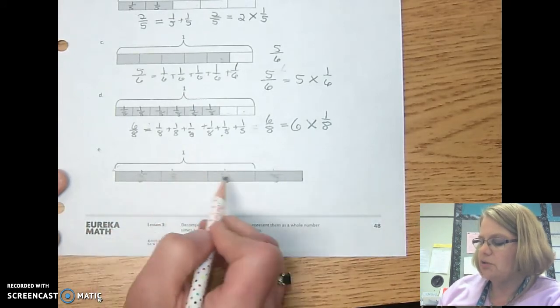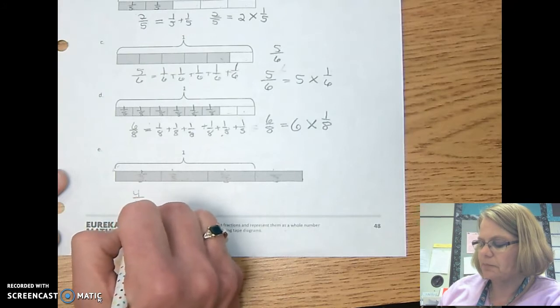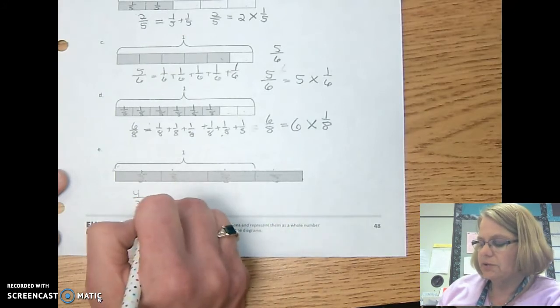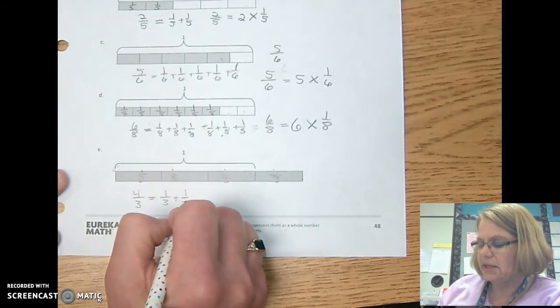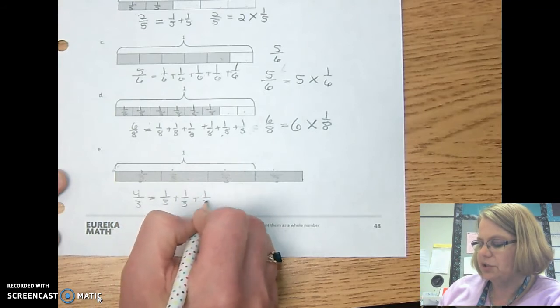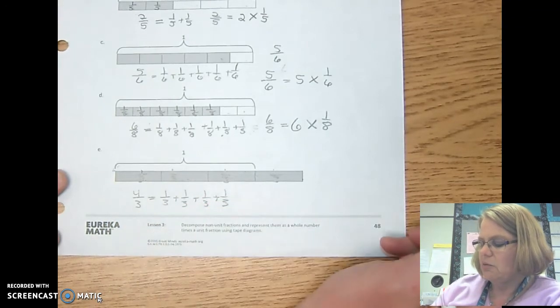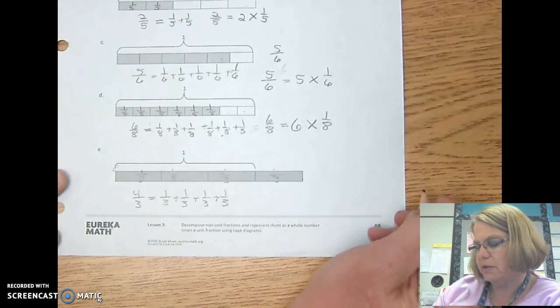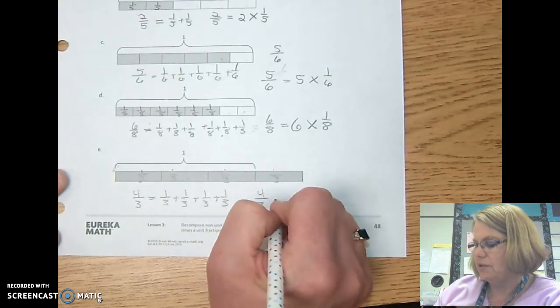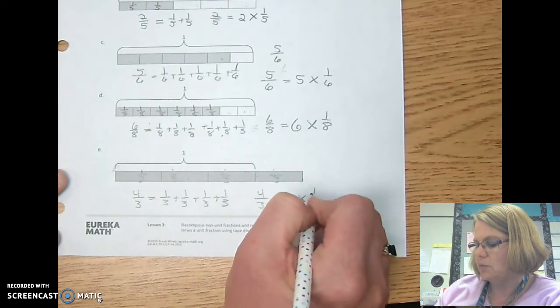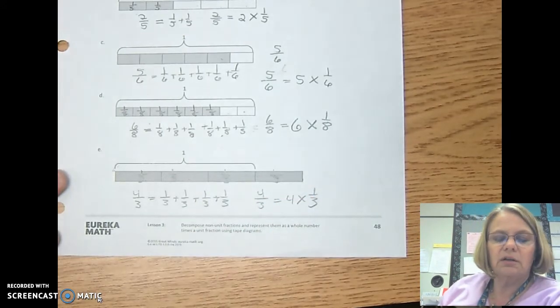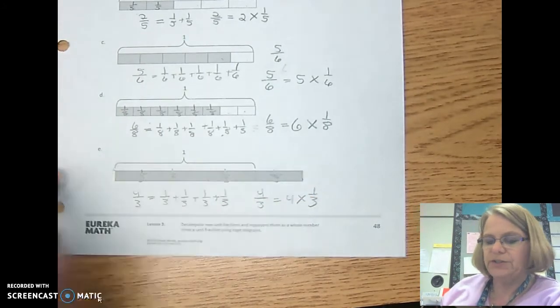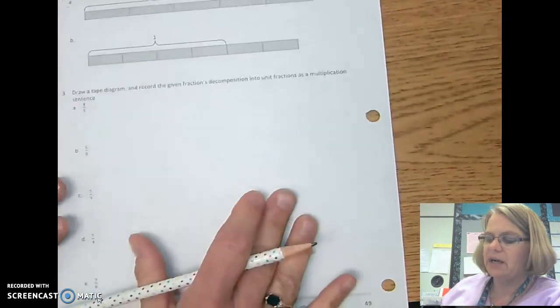So we have 1, 2, 3, 4/3 equals, this is basically the same thing that we did in lessons 1 and 2. 1/3 plus 1/3 plus 1/3 plus 1/3. So now we have 4/3 equals 4 times 1/3. Simple, right?